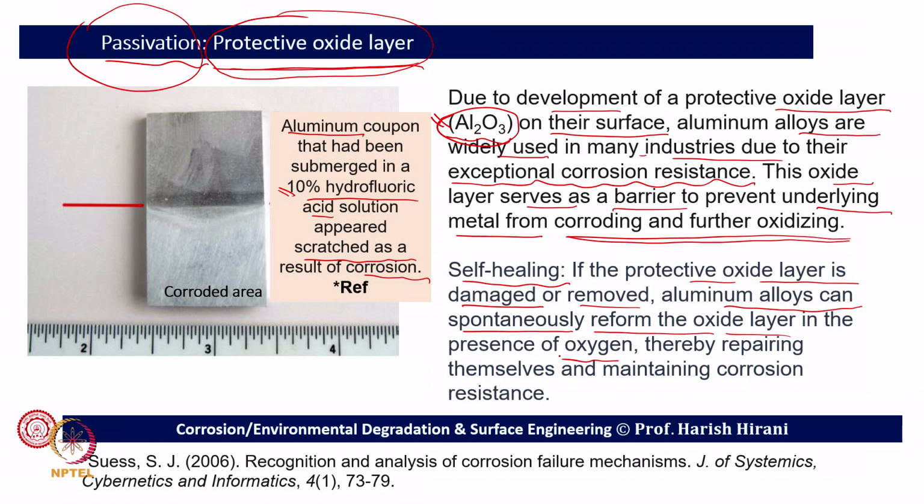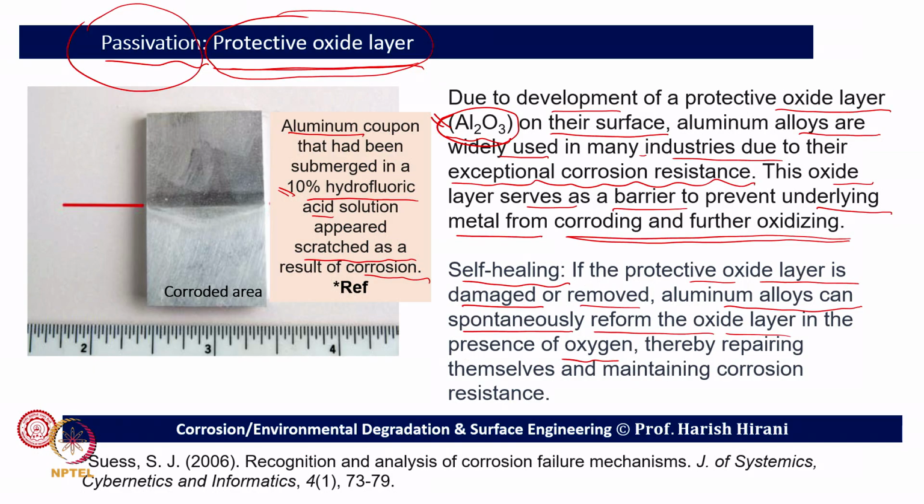However, we need to see that oxygen should be present, and maybe if the machine is operating at very high speed then oxygen is not available sufficiently to reform the layer which is getting removed from the surface, and then there is some sort of gap in reformation, so again aluminum will not be able to resist the corrosion. So, we need to really think about all those parameters.